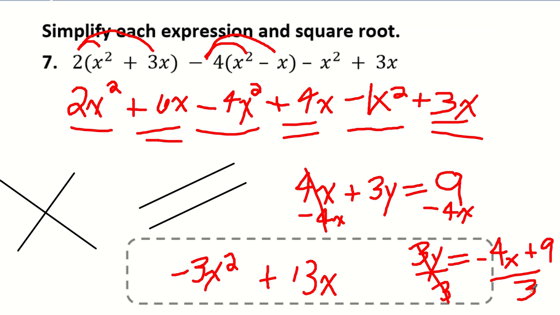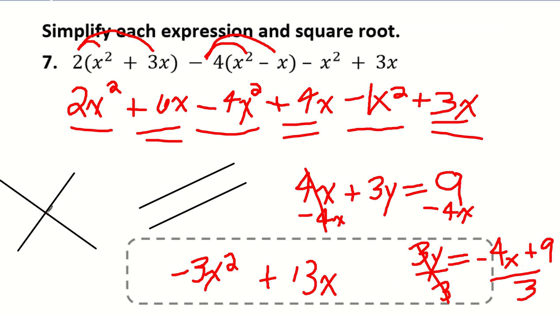But it doesn't, and it doesn't even reduce, so it remains the fraction. Well, it doesn't have to be, but it should be. Negative 4 over 3. Okay, so the slope of this equation is negative 4 over 3, and if they want the slope of a line parallel, we would go with that exact same slope.